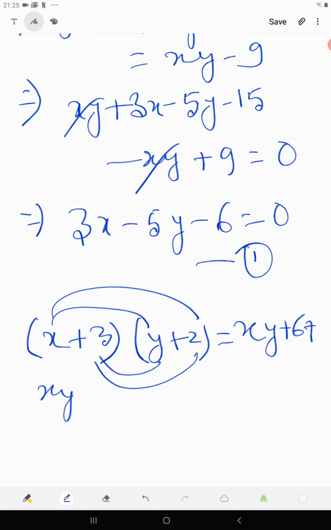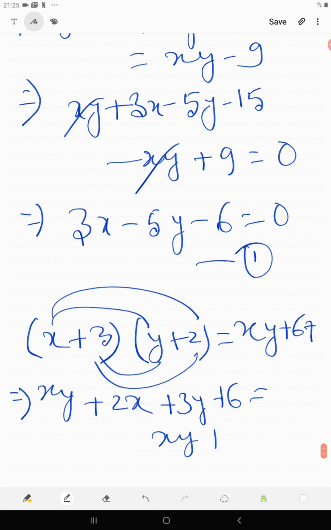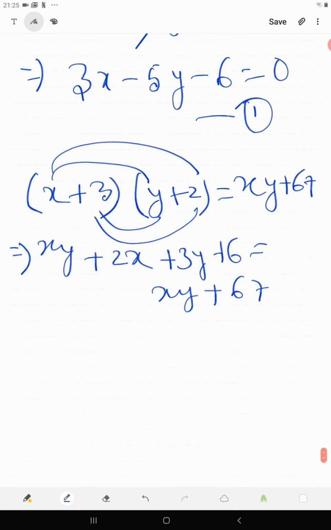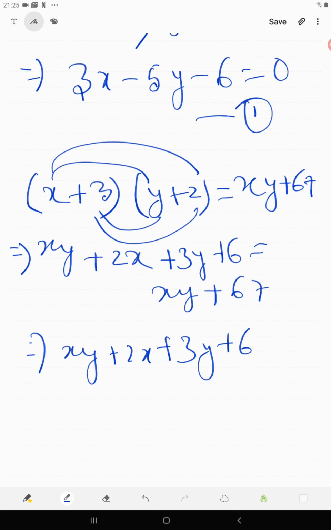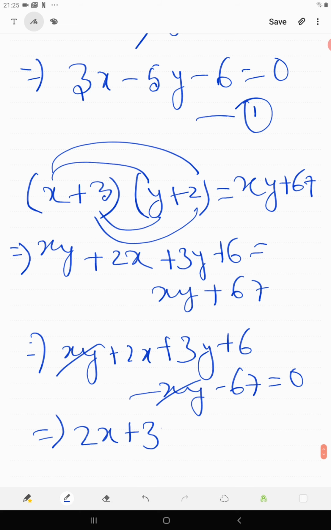So xy plus 2x plus 3y plus 6 equals xy plus 67. Now bring it to the left. xy plus 2x plus 3y plus 6 minus xy minus 67 equals 0. xy cancels. What we are getting is 2x plus 3y minus 61 equals 0. This is our second equation.